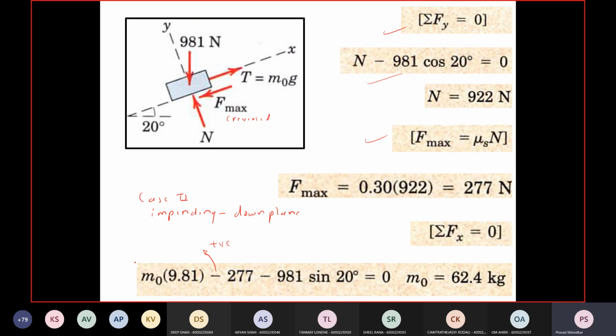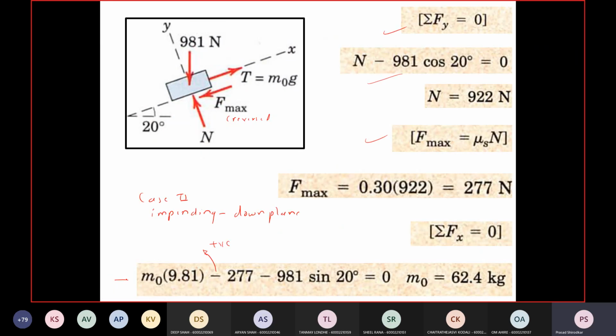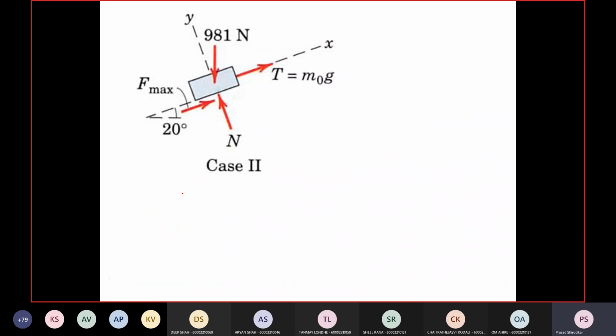Let me construct the free body diagram for this and rewrite the equation with this as positive. So this becomes m0 into 9.81 plus 277 minus 981 sine 20 is equal to 0. Again find out m0.